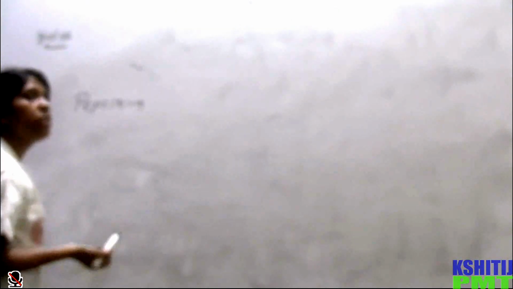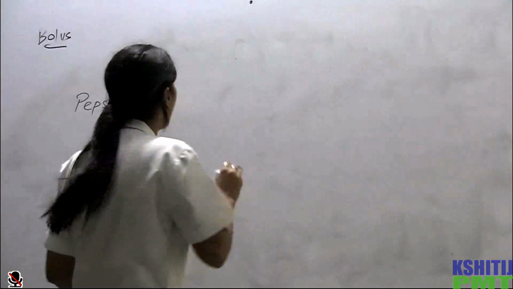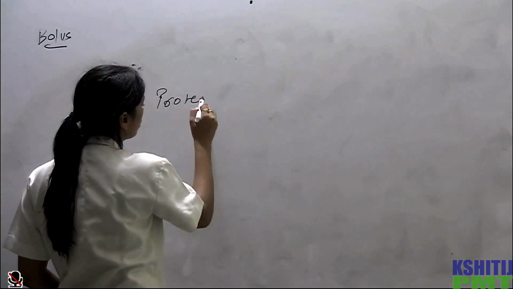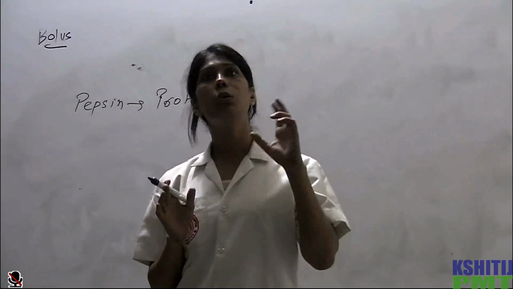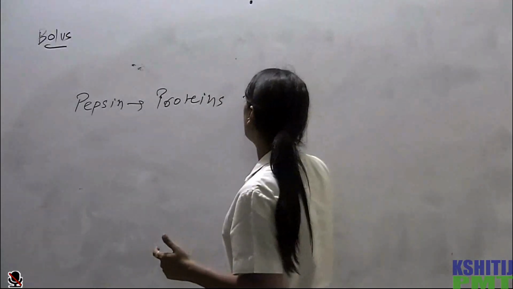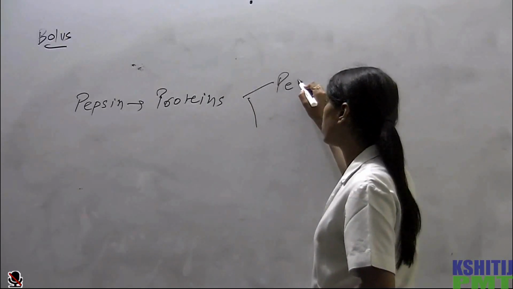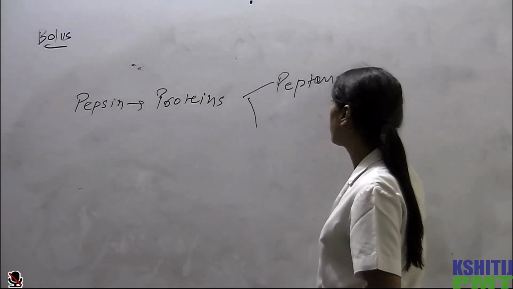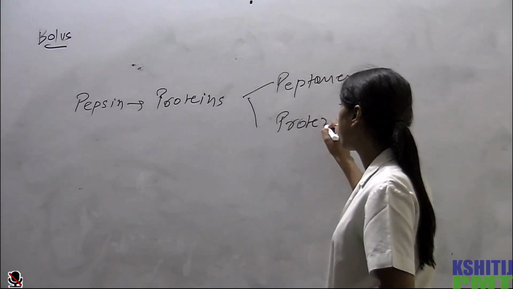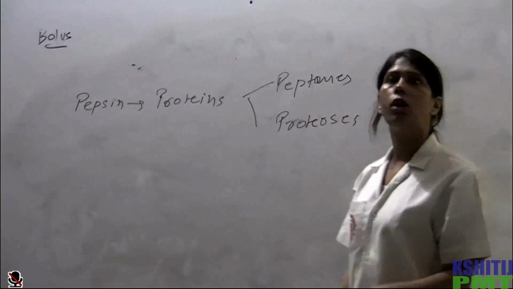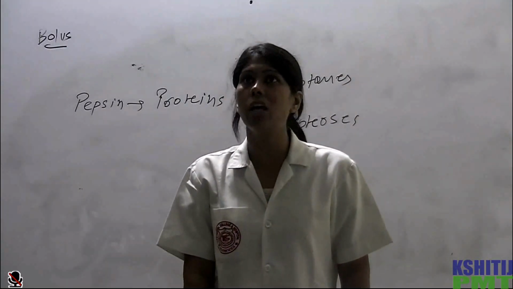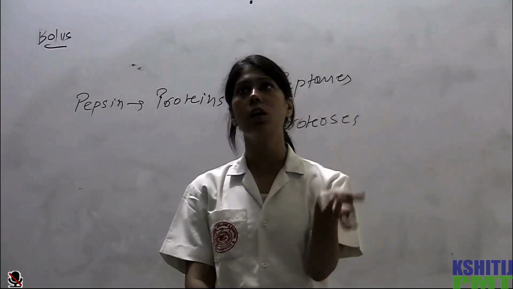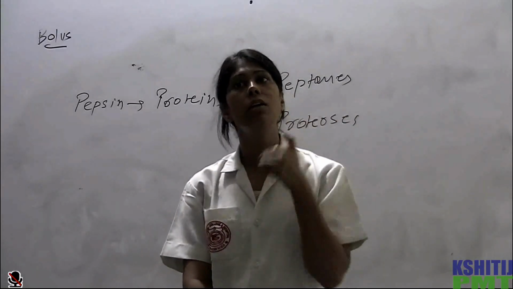Pepsin acts upon the protein, and these proteins are broken down to their simpler forms, that is peptones and proteases. So the first enzyme acting upon the proteins is pepsin, and it breaks down the proteins into peptones and proteases.